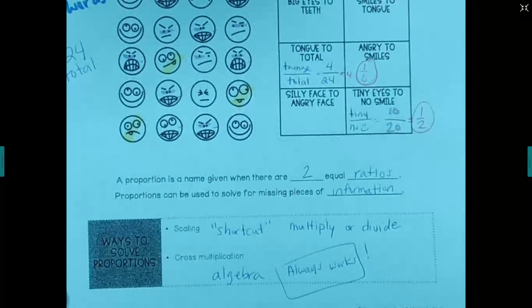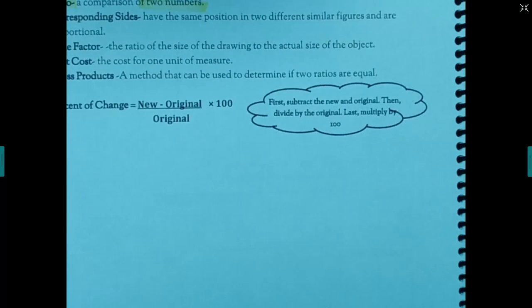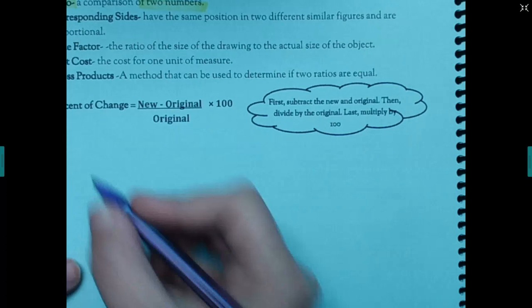Now I want you to go back to page 1, underneath that vocab. Really quick, now that we know what a proportion is, I want to show you how to know if something is proportional. There are 2 ways to check if something is proportional.